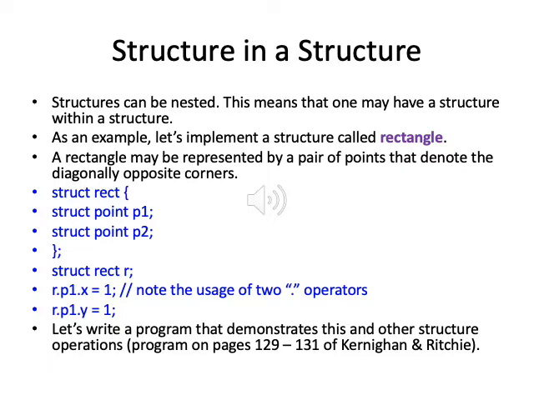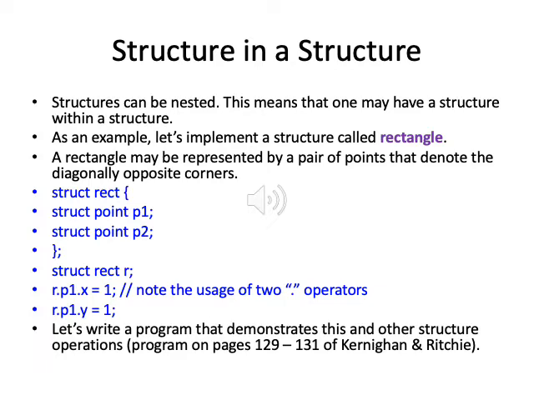So to show an example of this, let's again focus on graphics or geometry, and let's implement a structure called rectangle. Now, as you know, a rectangle may be represented by a pair of points, and those can denote the diagonally opposite corners.